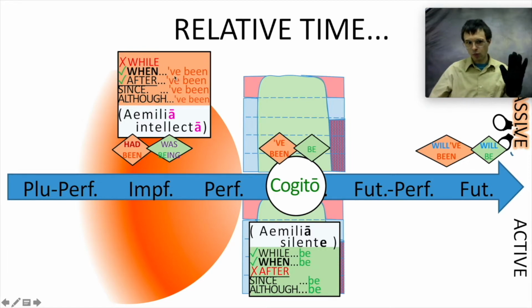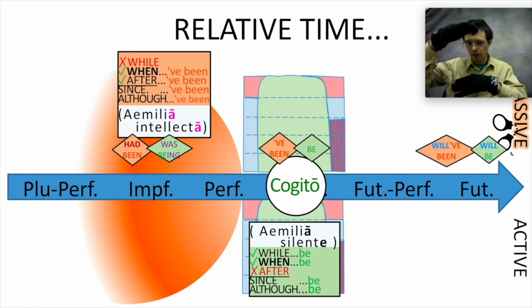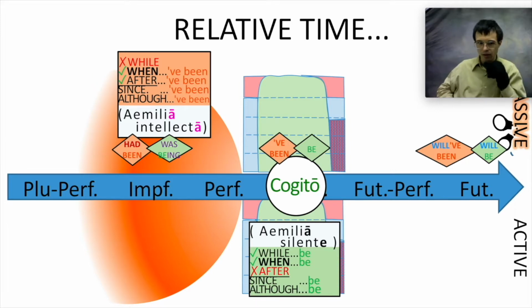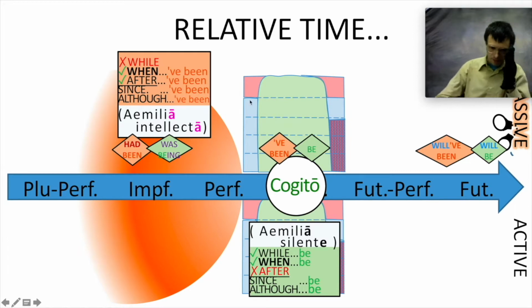You can't really say while have been or while has been, because while implies simultaneousness in time, whereas have been implies that one was farther back. So that just makes no sense. You can't use while if your secondary verb is a past orange one in the orange part of the cloud. Same down here.